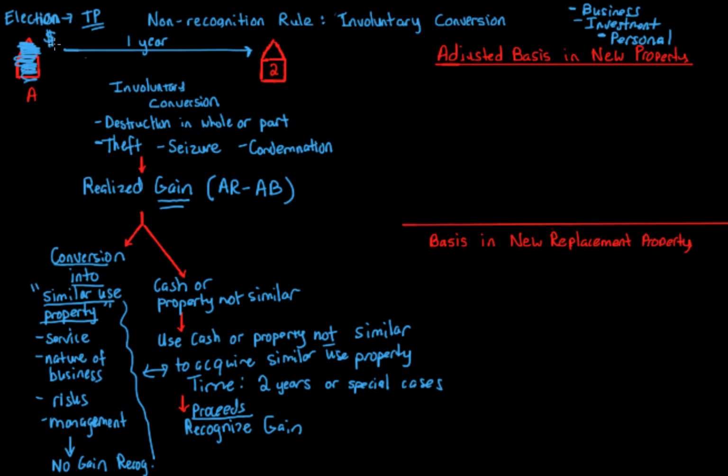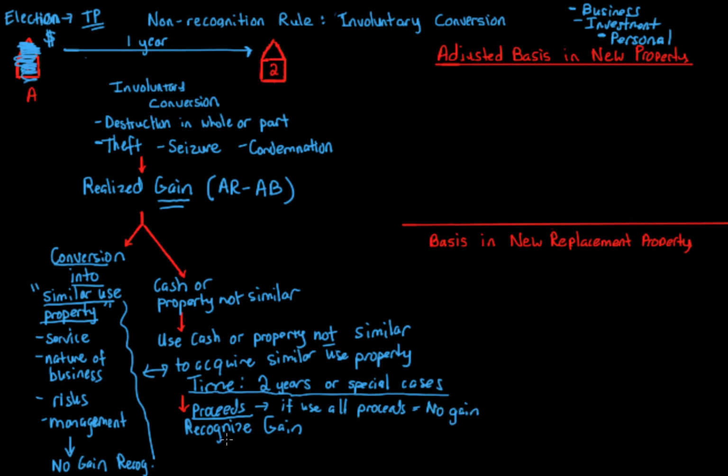So that money is proceeds. Did we use all the proceeds? If we use all the proceeds, it's going to be non-recognition. Okay? If use all proceeds equals no gain.